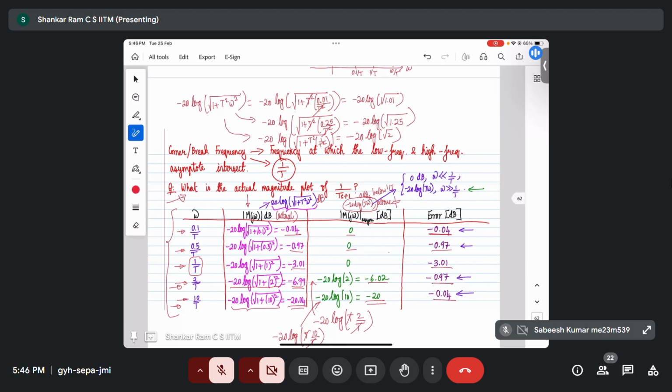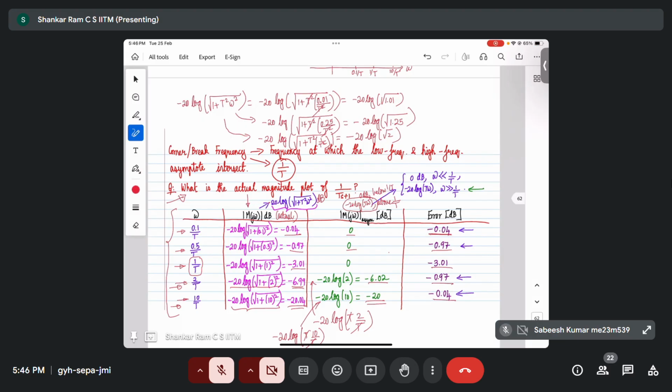So it really depends on the factor. And the point of intersection of the low frequency asymptote and the high frequency asymptote is what is called the corner frequency.